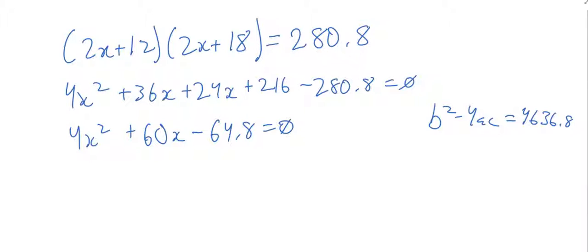And because of this decimal, I might have just used the quadratic formula for this one. It's possible that that could be a perfect square. Decimals can be perfect squares. This one isn't. When you take the square root of that, you get some nasty decimal. But sometimes when we have decimals in the question, we just go straight to the quadratic formula. So we'll do that.